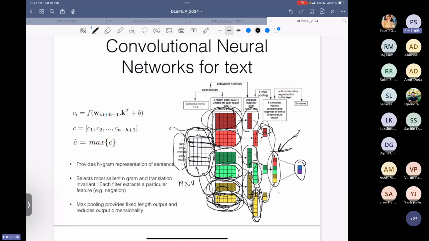Sure. Yeah, so my point is, as we go deep into the layers, the number of rows would keep decreasing, but the width of each feature map would always stay constant if the pooling operation is just one dimensional. Okay. Yeah.